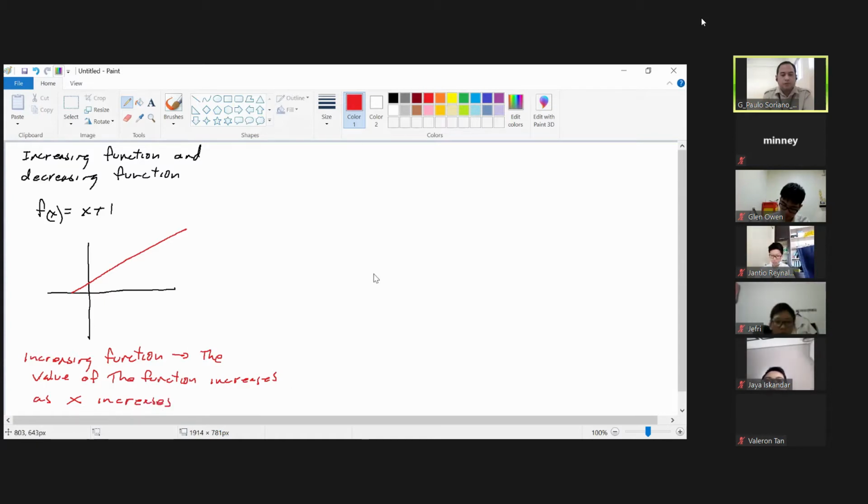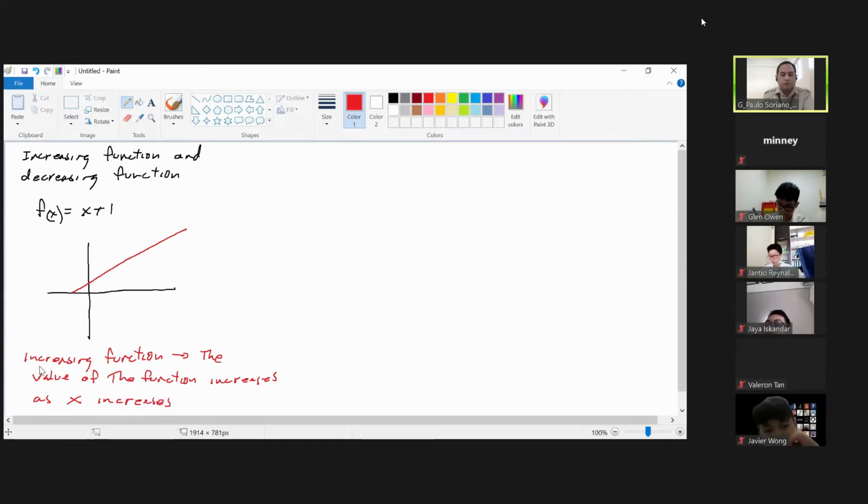So an increasing function is defined as the value of the function increasing as x increases. What do we mean by that? If we input a value x1 over here, it will have a certain value in y.